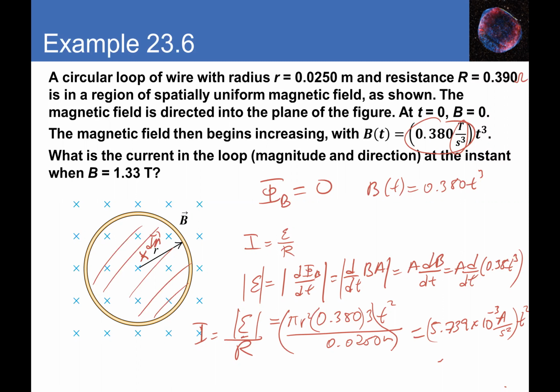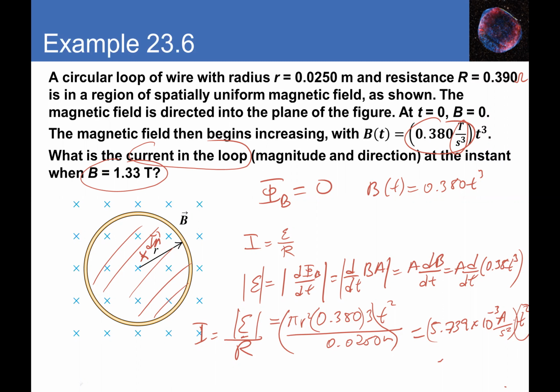Those are all numbers, so I can calculate something from them, but then I have the t squared. What I want to know is the current when the magnetic field is this value, but I need to know at what time that happens, because the current also depends on time. It's 5.739 times 10 to the negative 3, a coefficient, times t squared. Give me the specific time and I can tell you the current.